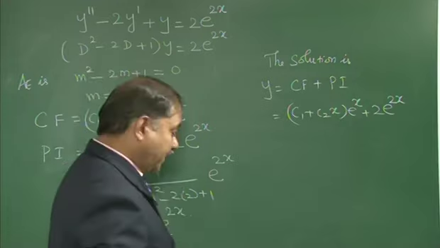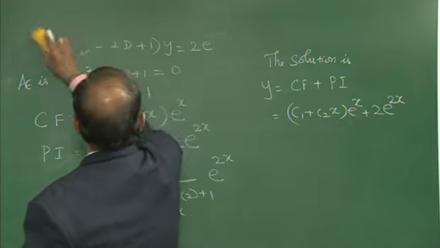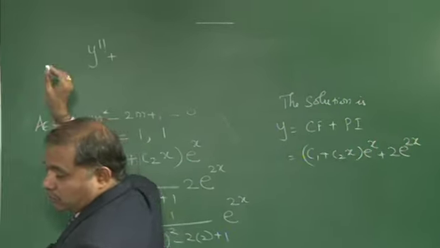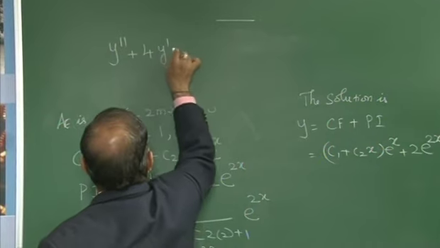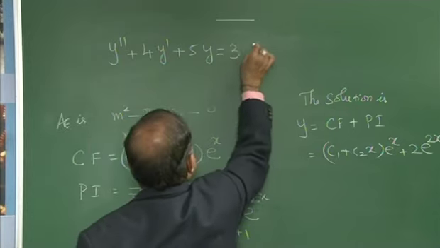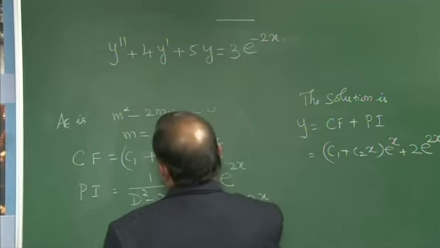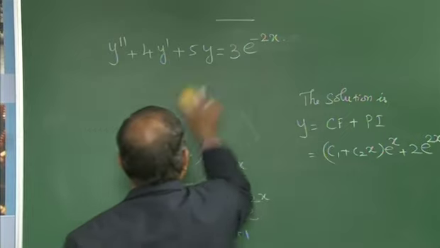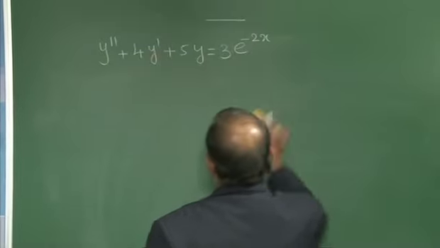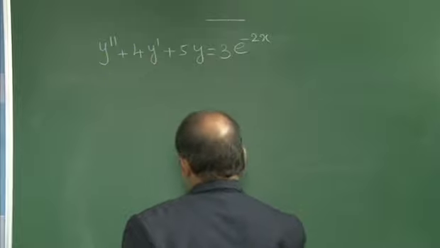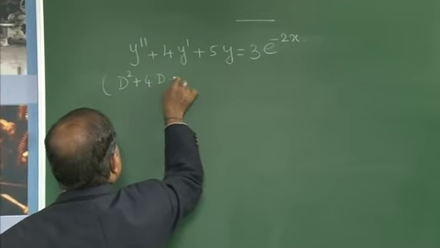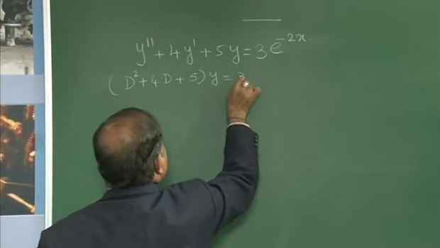Complex roots. y'' + 4y' + 5y = 3e^(−2x). You can see here I have taken a different one, k e^(−ax), where k and a are different. Start doing it in the same way. (D² + 4D + 5)y.